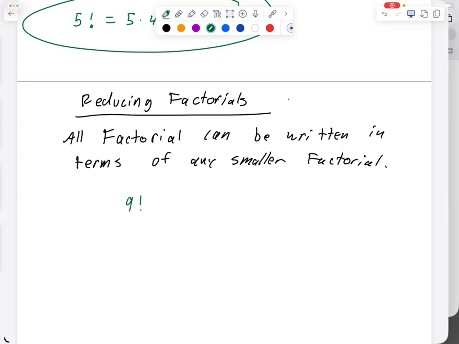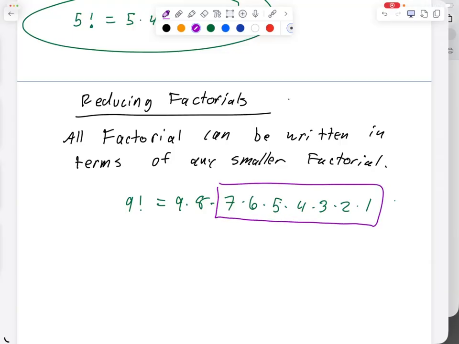9 factorial is 9 times 8 times 7 times 6 times 5 times 4 times 3 times 2 times 1. However, I can see, for example, 9 factorial is 9 times 8 times, well, what is this that I just boxed? Which is what?